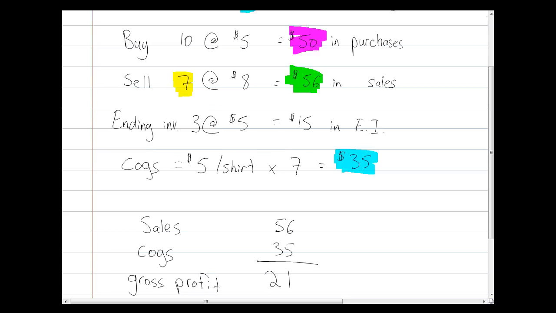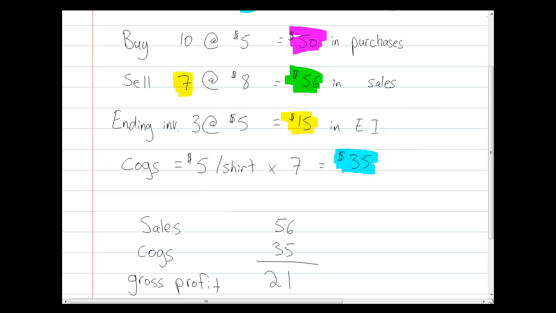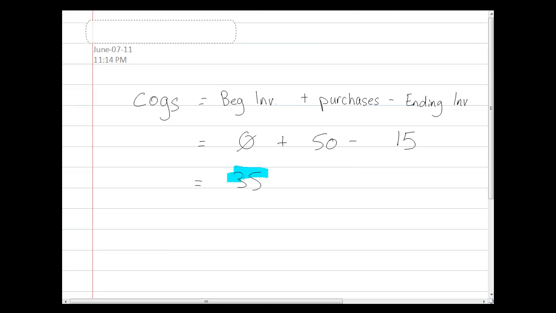And our ending inventory was basically the 3 t-shirts that we had left at $5 each, which gave us a value of $15 for our ending inventory. So I'm going to go back and plug this into the formula as well. And so we end up with cost of goods sold of $35, which is basically the exact same number that we had before as well. So we had cost of goods sold of $35 here, which ties in to this number here as well.